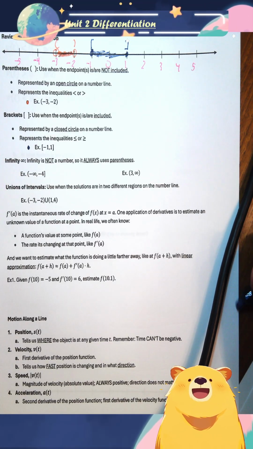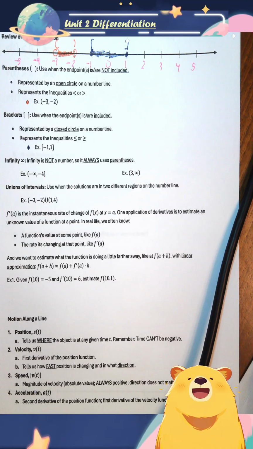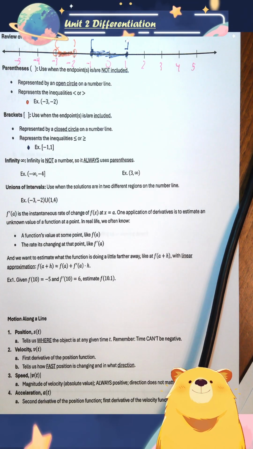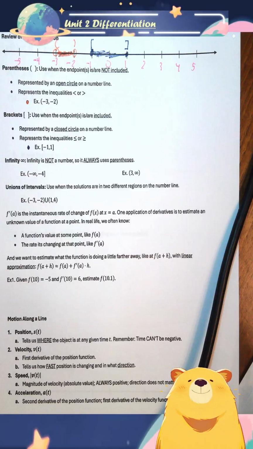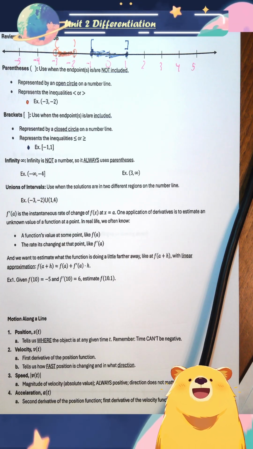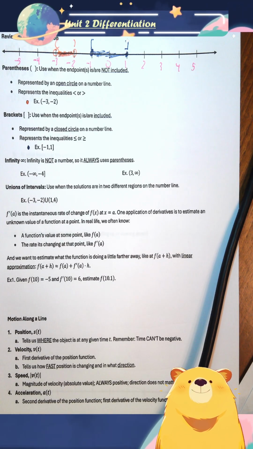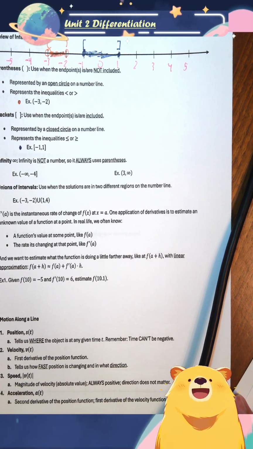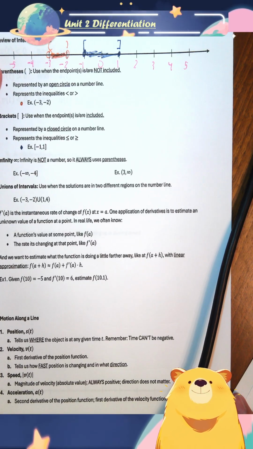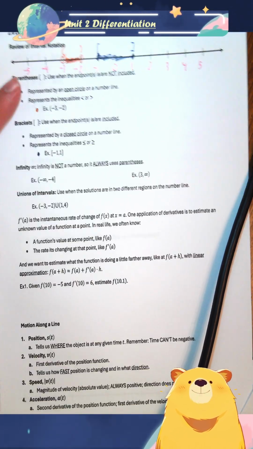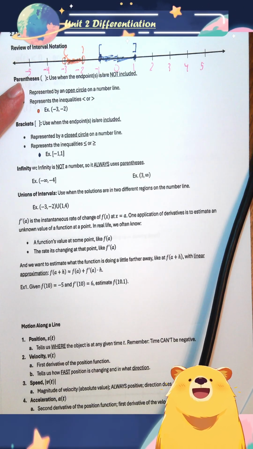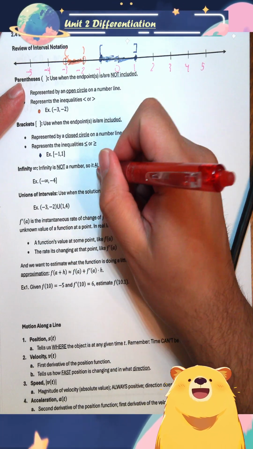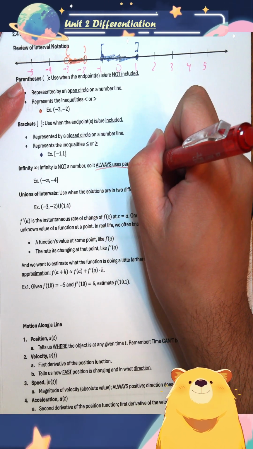Infinity, just a recap, is not a number, but it's used in these interval notations. Even though it's used in these interval notations, the key feature is that because it's not a number, in the interval notations, it will always use a parentheses.